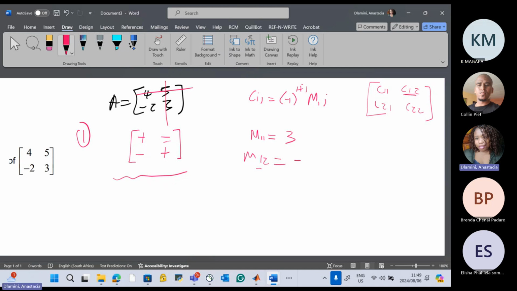So the answer is -2. These M's are called the minors. Then M21: we cancel row 2, column 1, which leaves 5. And then M22: row 2, column 2, we're left with 4.